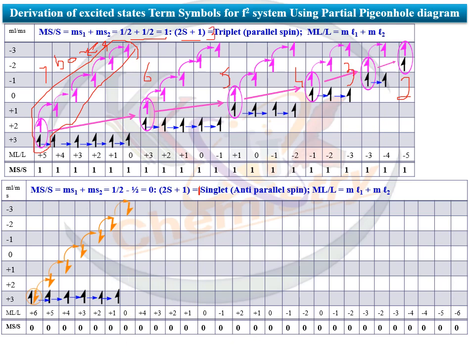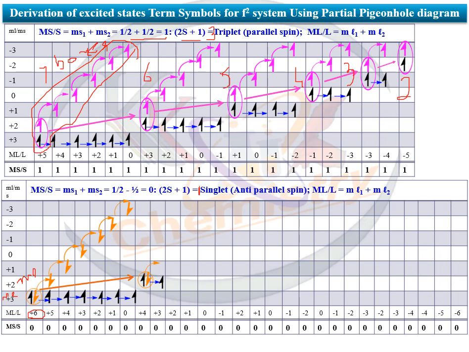So the ML value again, ML is equal to small ml for this one and small ml for this one. Just add both these values, it will give us a plus 6.